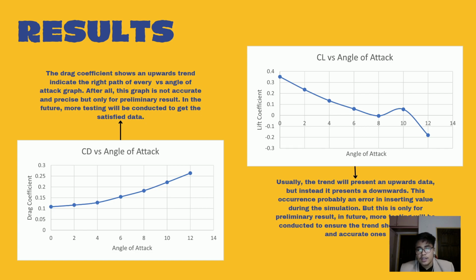This occurrence is probably an error in setting a value or something during the simulation, but it is only for preliminary results. In the future, more testing will be conducted to ensure the trend shows the right and accurate results.